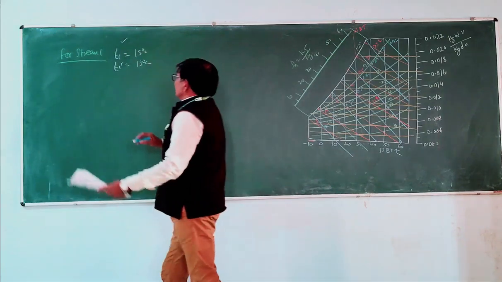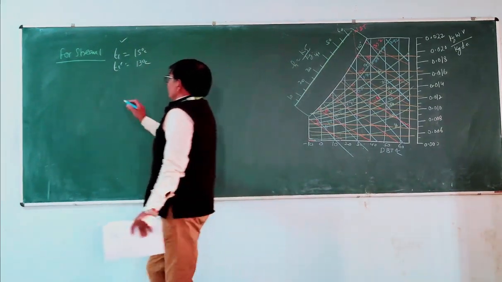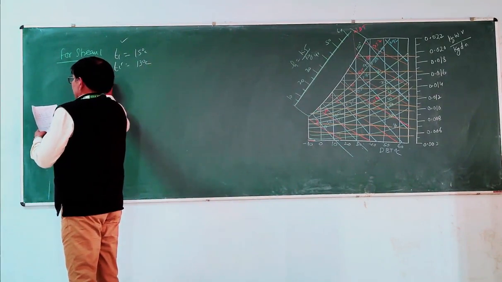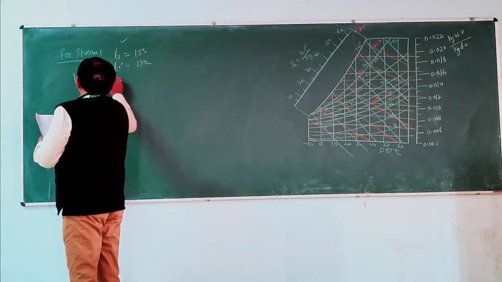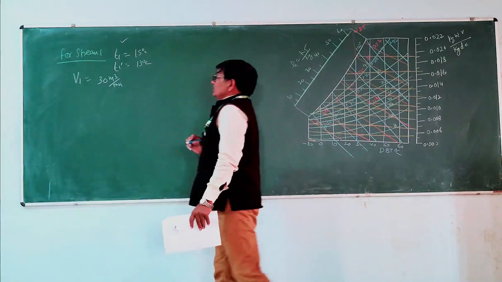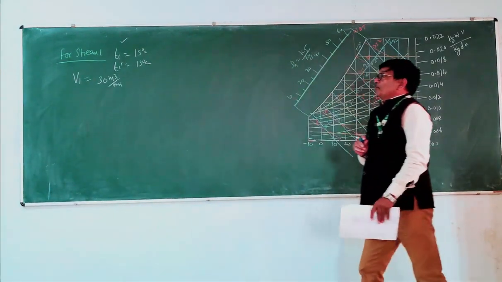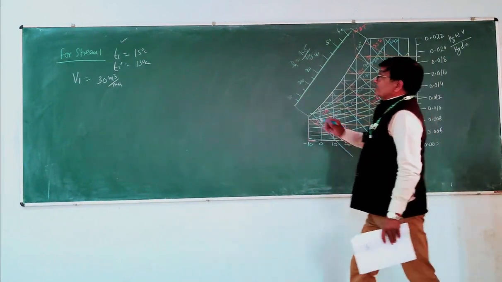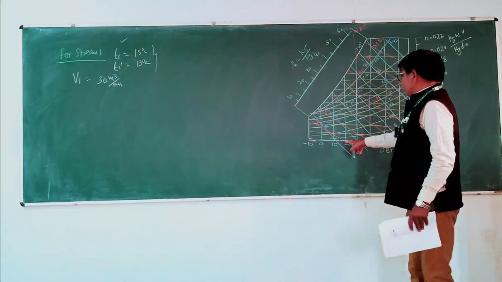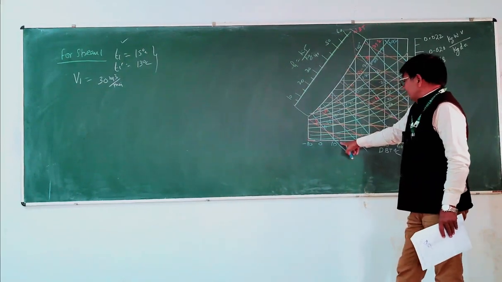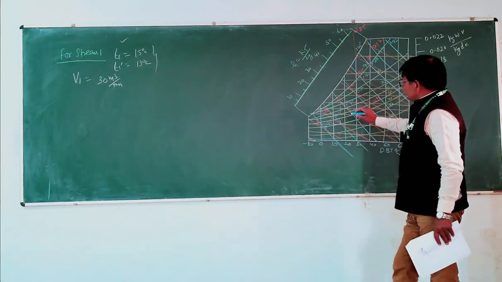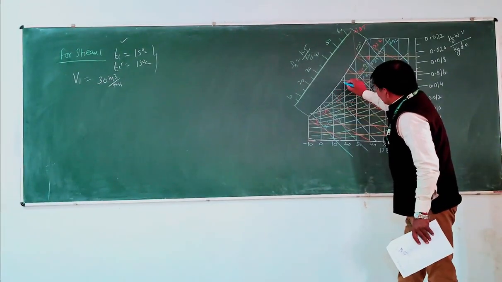From these given conditions, we have also known V1 equal to 30 meter cube per minute. This volume will be required only to find out mass flow rate. From T1, 15 degree centigrade dry bulb temperature, this line will be like here, and the wet bulb temperature you have to find between 15 and 20.